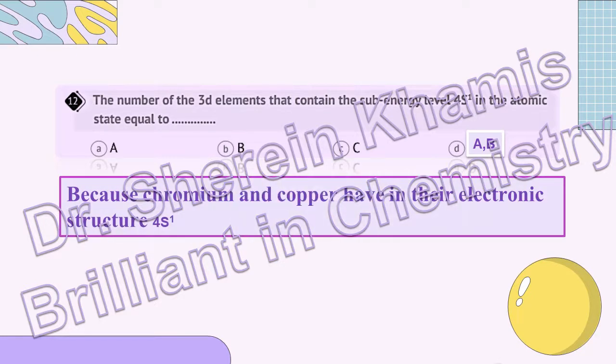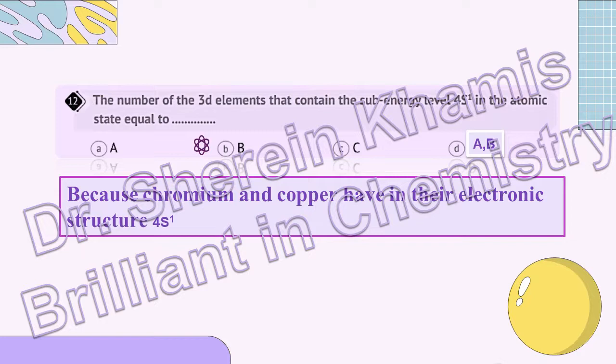If we discuss them, chromium and copper have the electronic structure 4s1 in their atomic state. So the number of 3D elements containing sub-energy level 4s1 is not A, C, or A and B, and the right answer here will be B, because chromium and copper have 4s1 in their electronic structure.